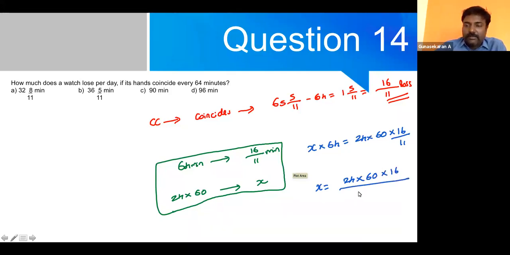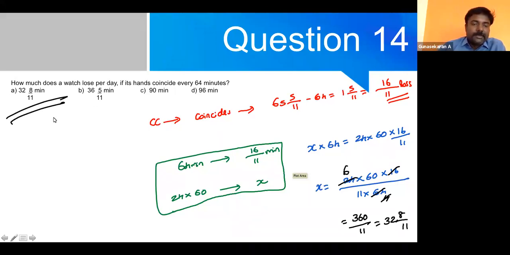Very easy. Just note this down. I will tell you how to easily remember this question. 32 8 by 11 minutes.